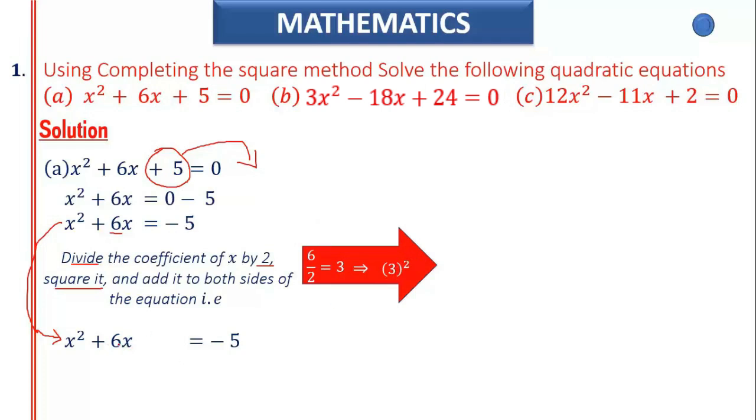Adding to both sides implies that we'll be having 3 squared added to the first side, and 3 squared added to the other side too.